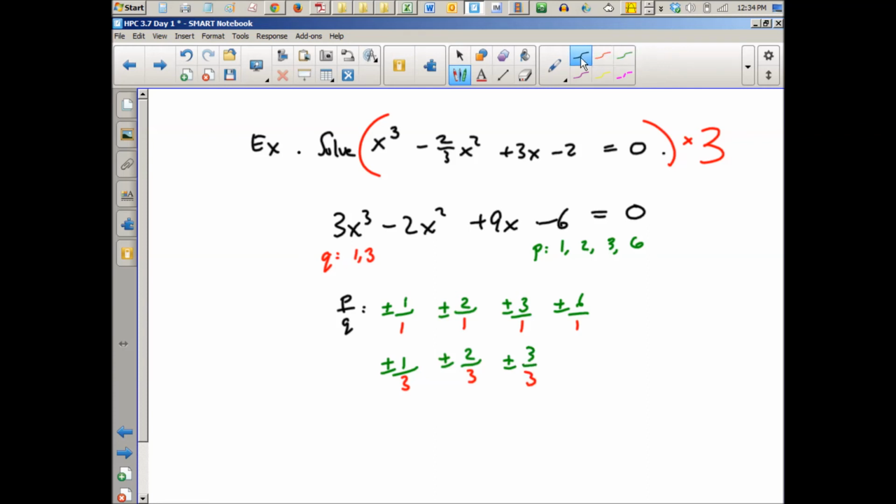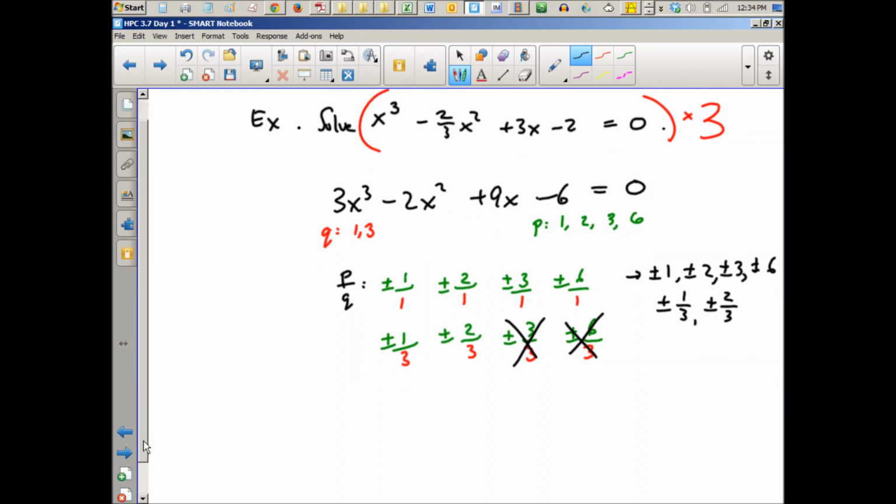We already had that earlier when we put plus or minus 1. And lastly, plus or minus 6 over 3. But that's also redundant because that's the same thing as plus or minus 2. Okay, so we ended up with these values. Our P over Q options are plus or minus 1, plus or minus 2, plus or minus 3, and plus or minus 6, and plus or minus 1/3, and plus or minus 2/3.